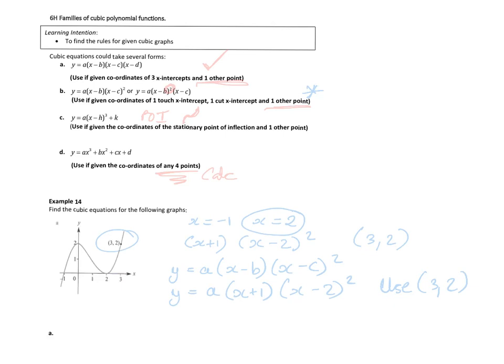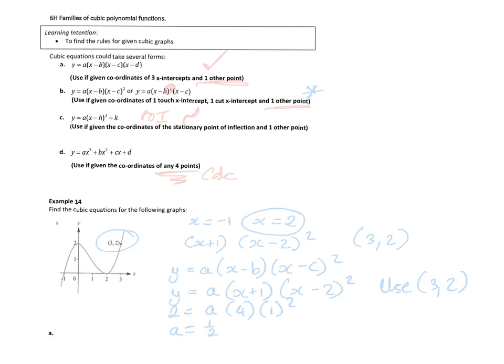So what do you get? You get 2 is equal to a outside of 3 plus 1, which is 4, 3 minus 2, which is 1. Okay, and when you tidy all that up, you get a is equal to 2 on 4 or 1/2.